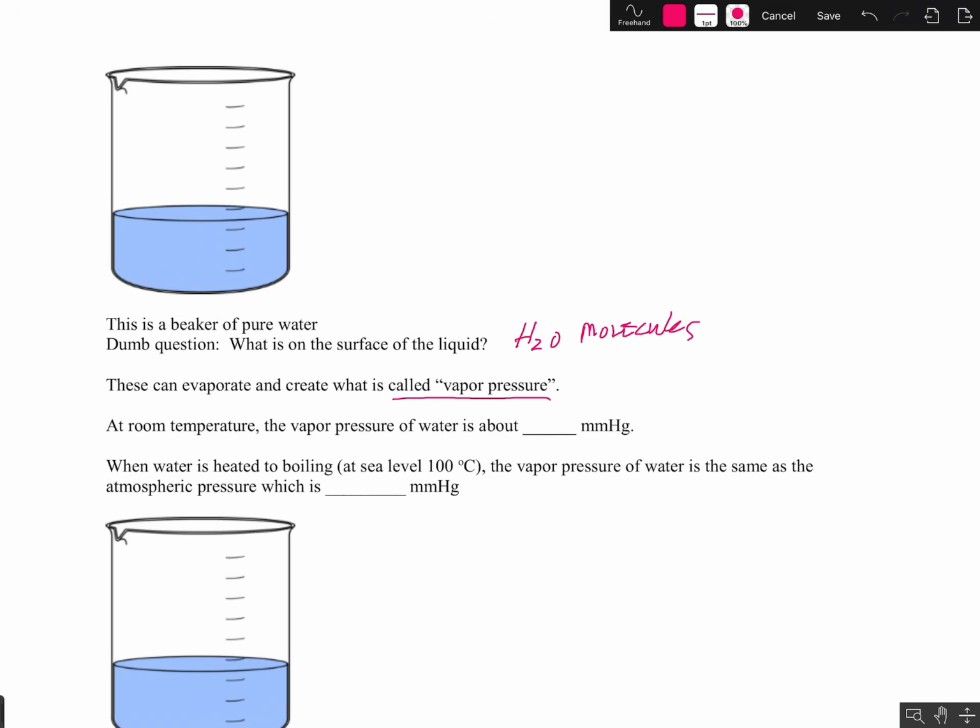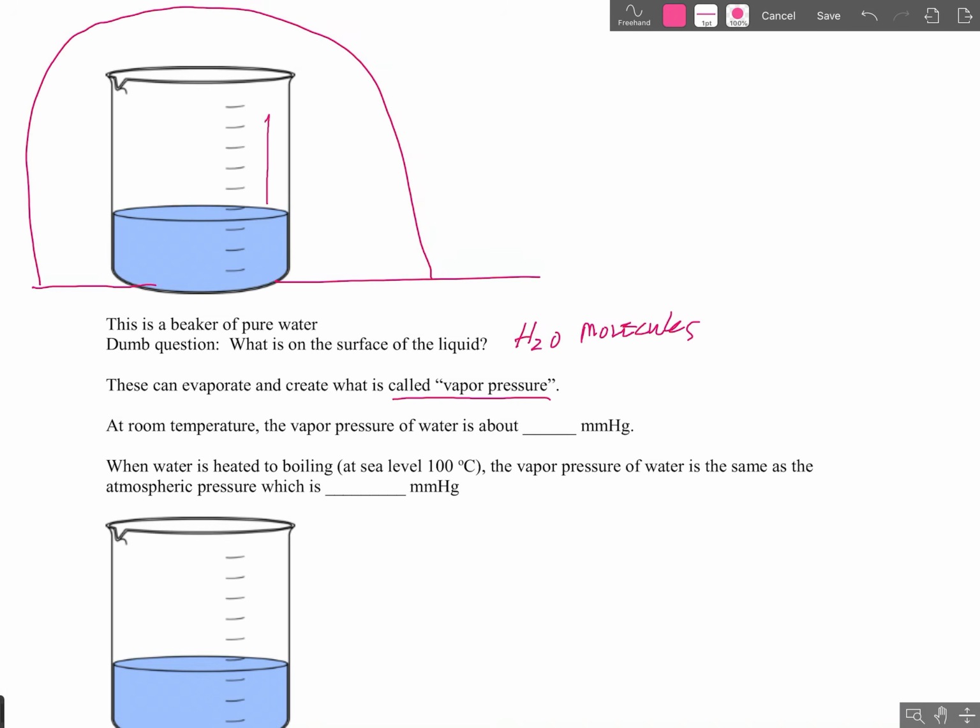Let me draw a silly picture for you, okay? This beaker's on a desktop. Okay, and let's put a dome over this beaker. All right, now, on the surface of the liquid, aren't water molecules evaporating? Aren't they leaving the surface if they have enough kinetic energy? And we end up having, once again, you can't see the water molecules, but we have some water vapor in our container.